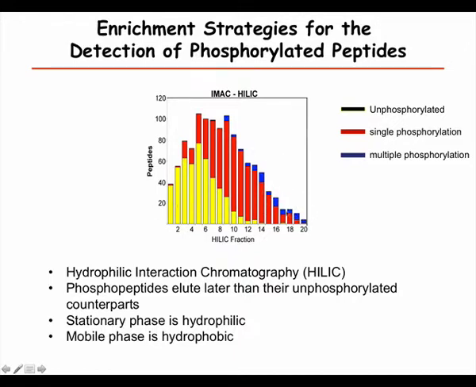It's not a perfect separation, but it's definitely a clear trend if you choose the later fractions. So what people often do is both the pre-fractionation using HILIC and then titanium dioxide, and then at least in the later fractions you get mainly phosphopeptides.